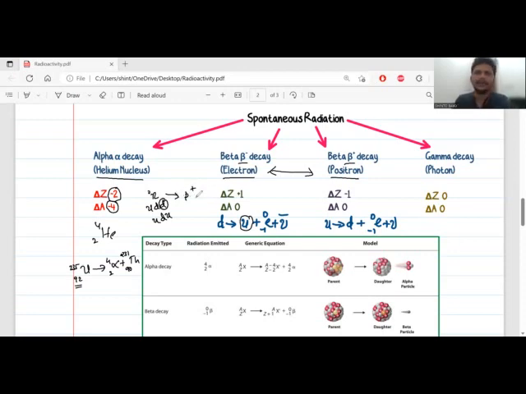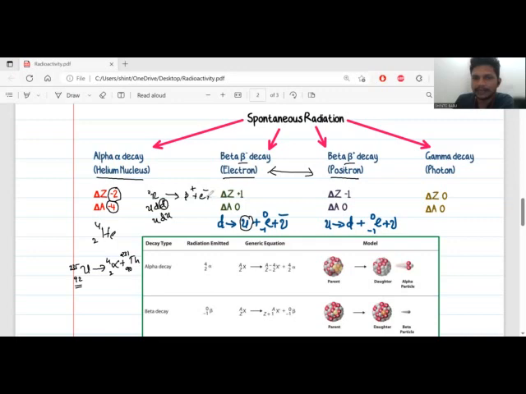On the left hand side, you don't have any charge at all, it is electrically neutral. So on the right hand side, the total charge has to be 0. So you need an electron here, okay, which has a negative charge. Now you have a proton, you have an electron, so it is electrically neutral.